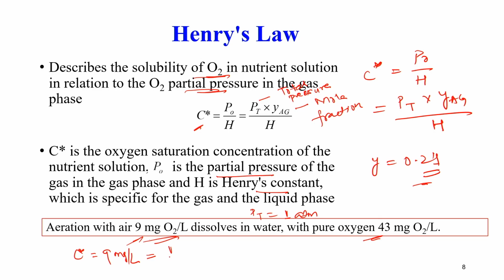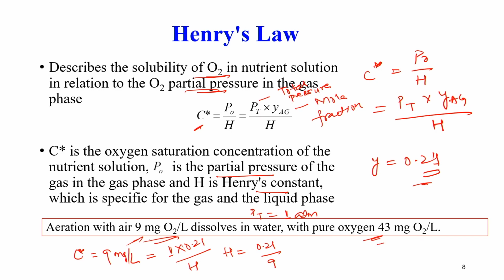So, it is 1 into YAG 0.21 divided by Henry constant H. So, from here we can get the value of Henry constant as 0.21 divided by 9.